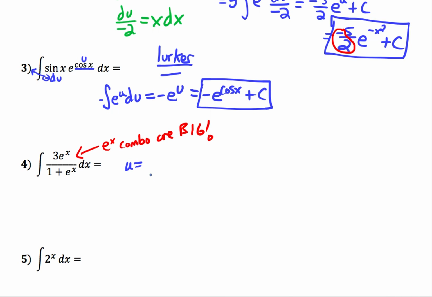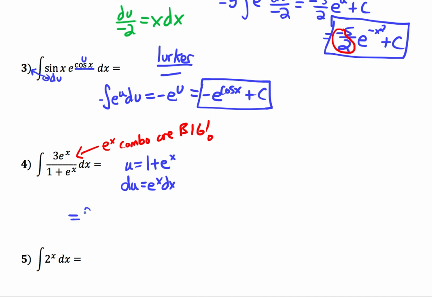We've seen lots of integrals where u is the bottom, because the bottom is a very popular inside function. So if we do u as that, then du is, e to the x stays the same, dx. Oh, it's lurking right there. So this is really just another lurker.